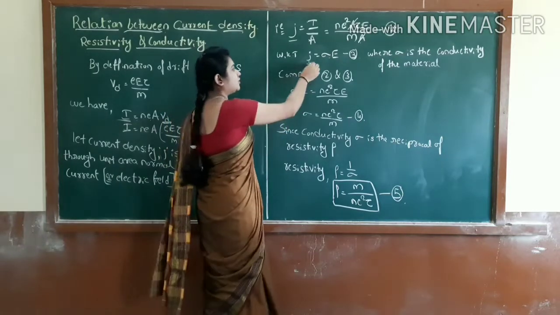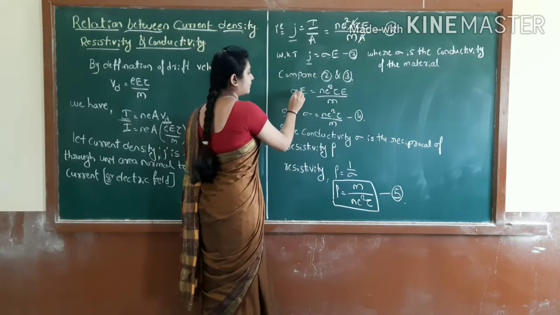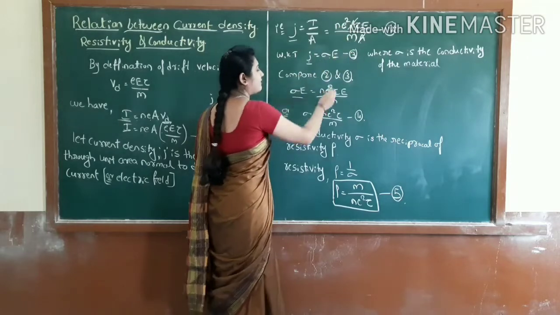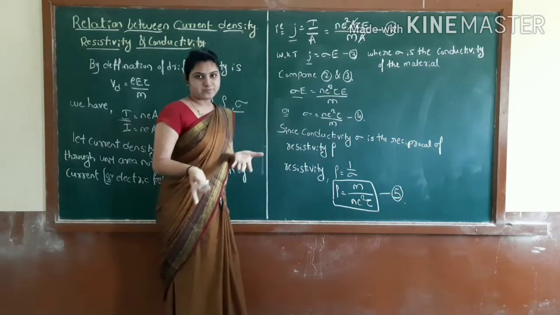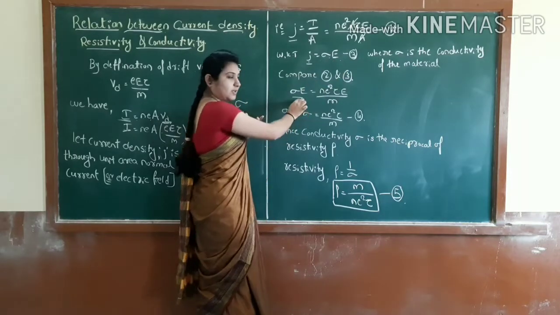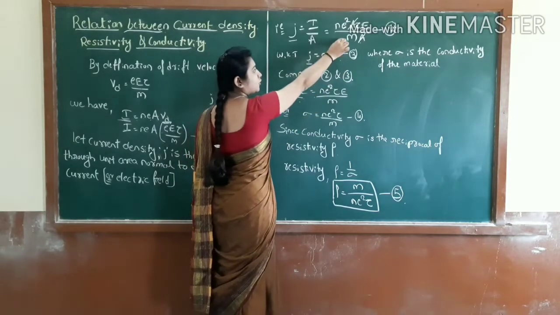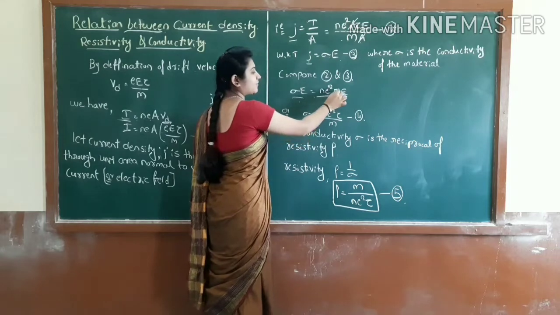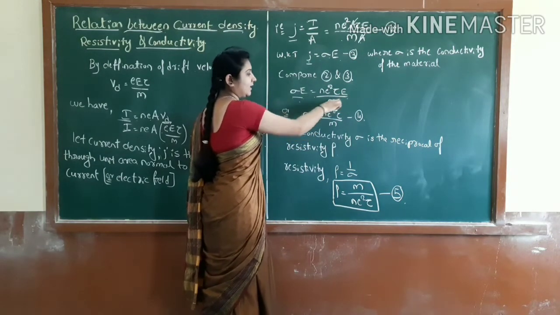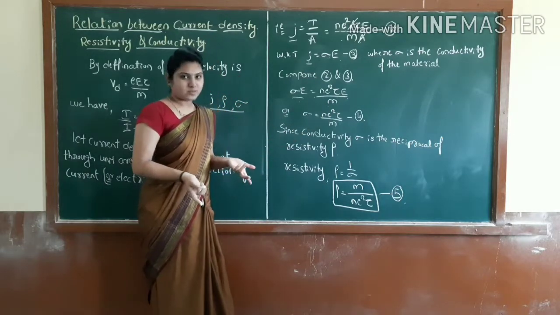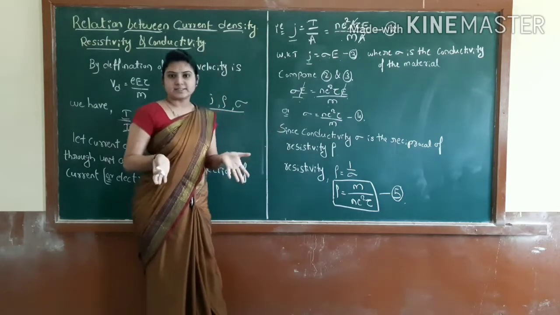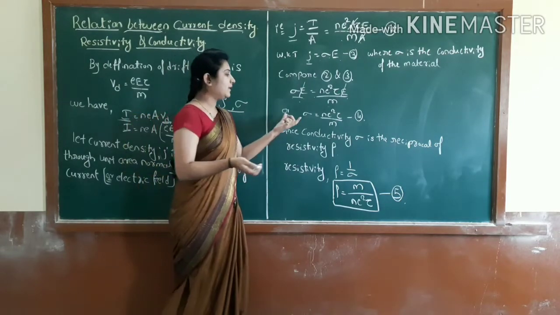So here J is equal to sigma E, which I will write on the left hand side, and this part I will write on the right hand side. Right? So sigma E is equal to, from equation 3 equals equation 2, n e square tau divided by m into capital E. So the electric field will cancel on both sides. What remains?